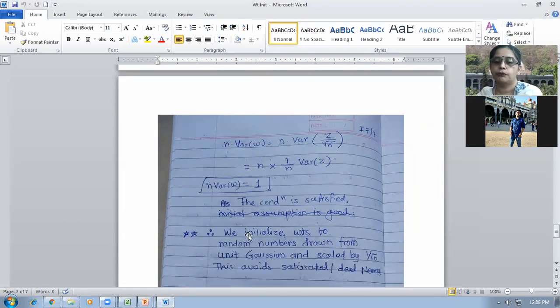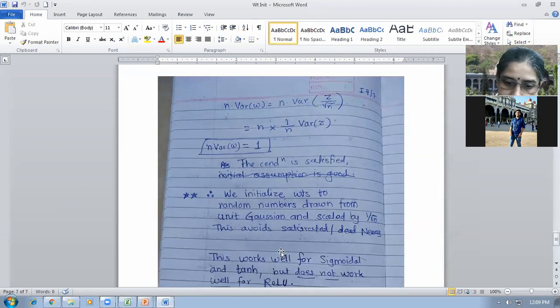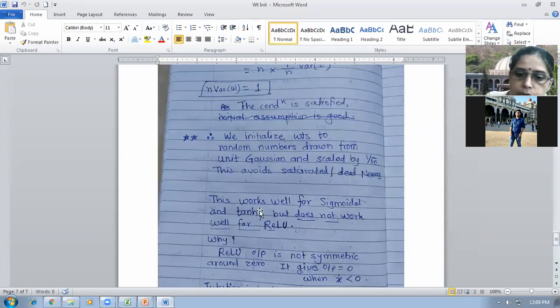So we initialize weights to random numbers drawn from a unit Gaussian distribution, scaled by 1 by root n. This avoids saturated neurons or dead neurons. This works well for sigmoid or tanh functions, but it won't work well for ReLU.